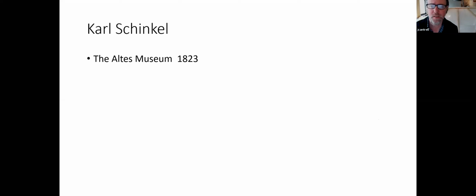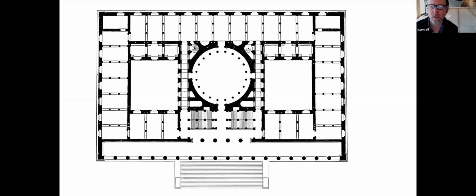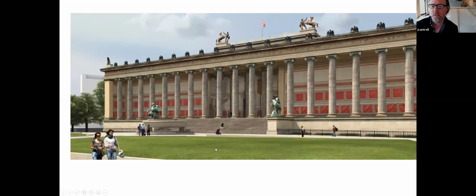But I'm showing this because I want to make sure that we see the classical Greek and Roman temple coming into play. This is a large plan of the museum. We see the large loggia with the columns, probably Greek, Ionic or Doric columns. The front, let's look at the facade. Now we're actually looking at Roman Ionic, because Roman Ionic has the volutes and, of course, the profiled base.